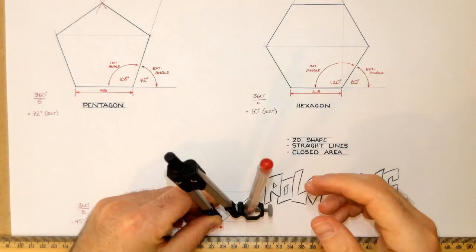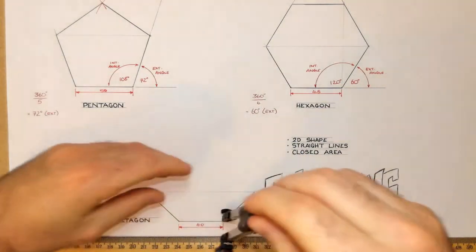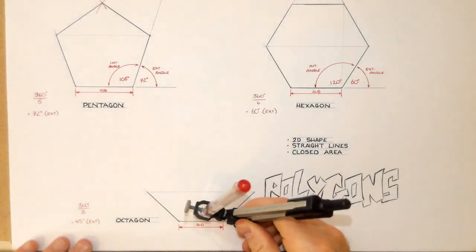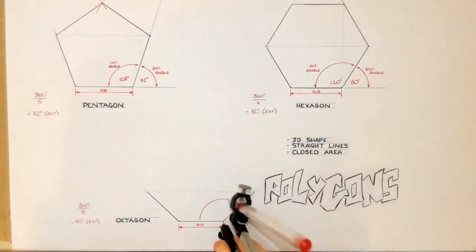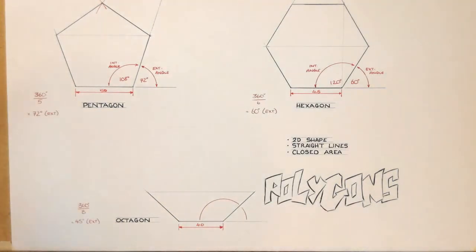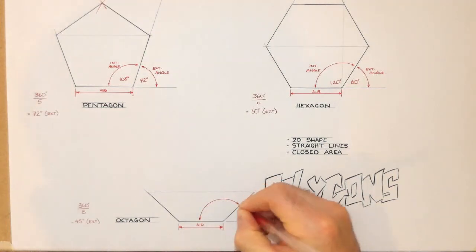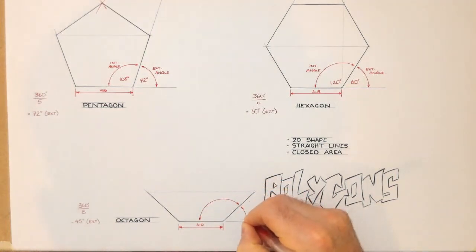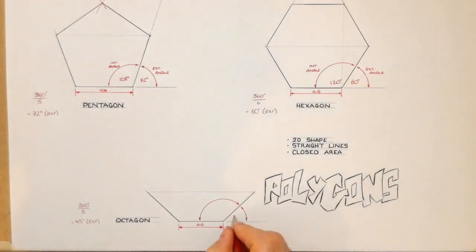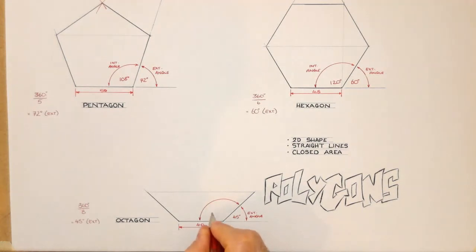So that is the exterior angle, that is the interior, so we know the exterior angle was 45 degrees. That means the interior, 45 from 180, is 135 degrees.